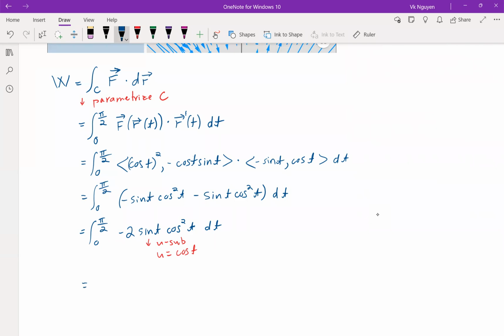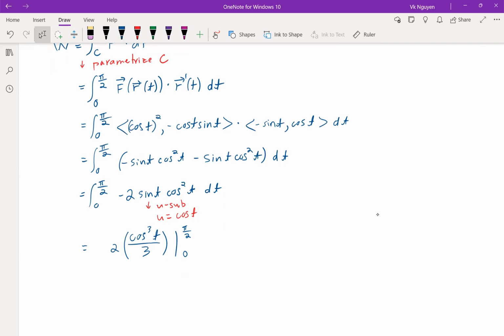And then u cubed over 3, so that's going to be 2 cosine cubed t over 3, from 0 to pi over 2.